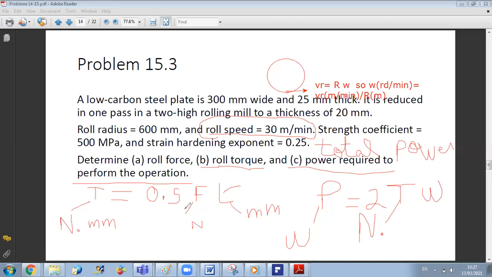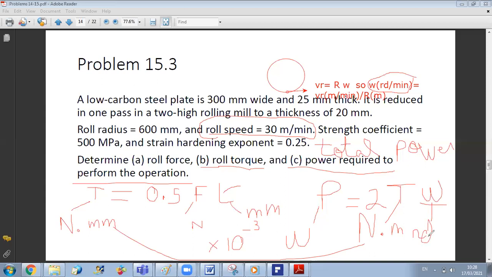If I want power in watt, the torque should be provided in Newton meter. So if I already got it in Newton millimeter, to get it in Newton meter, I should multiply by 10 to the power minus 3. For omega, I will get omega in radian per minute, but to get P in watts, omega should be in radian per second.